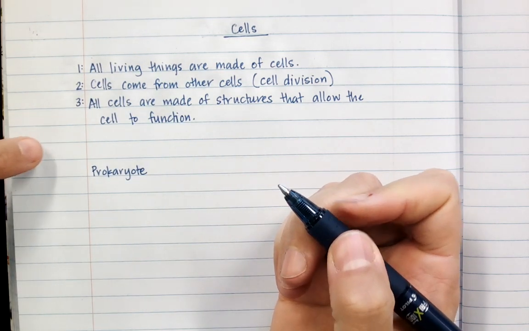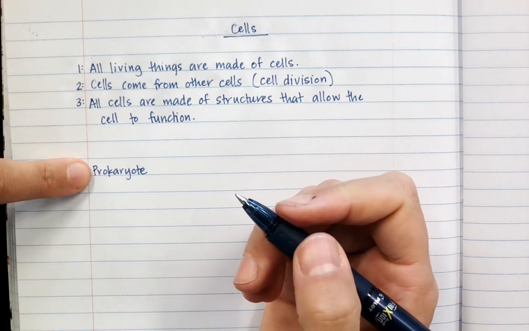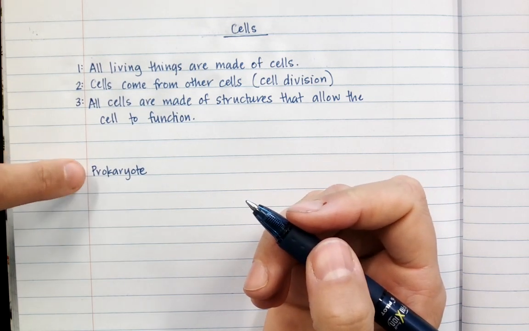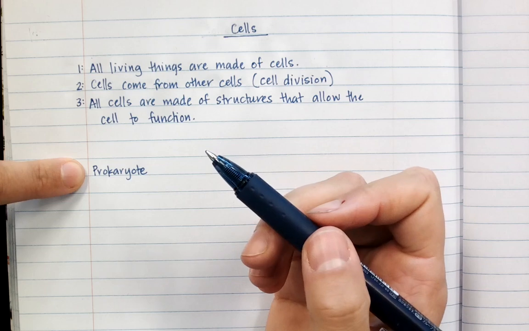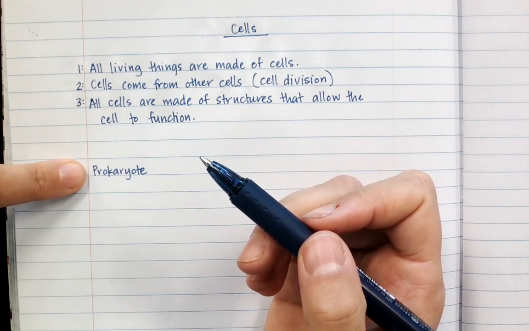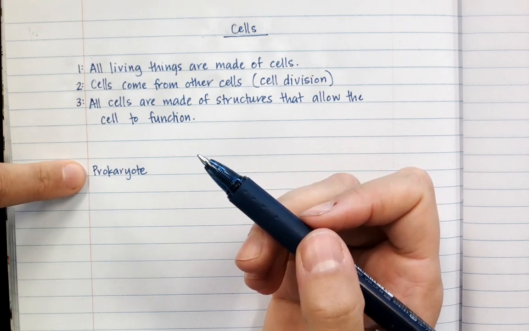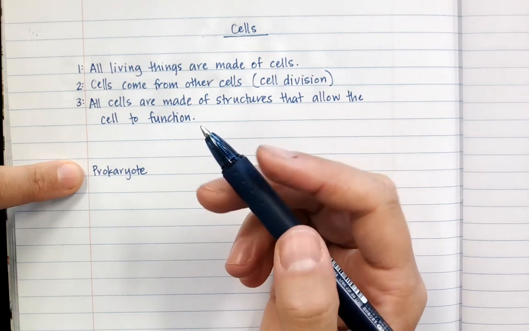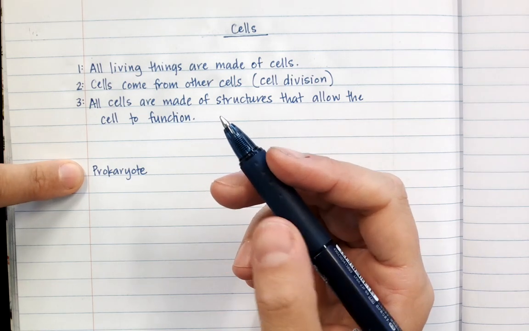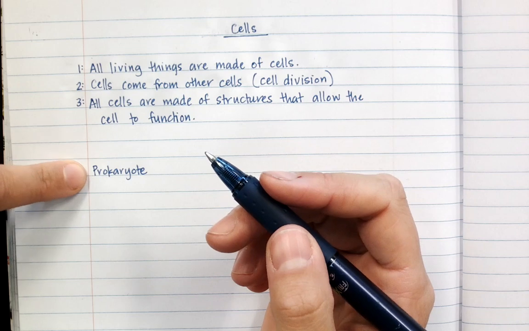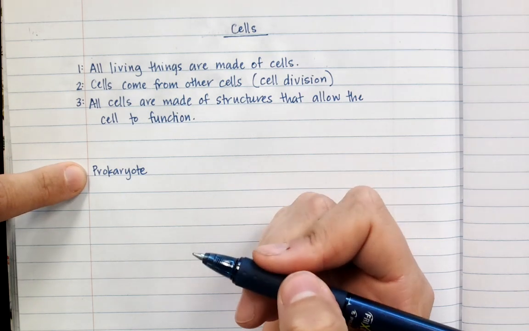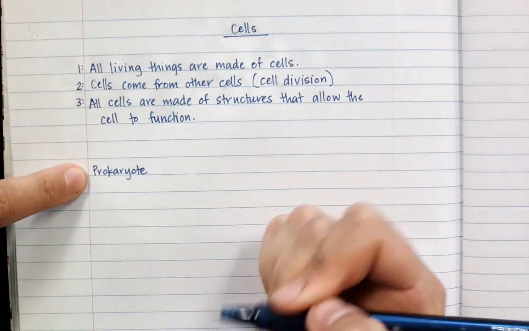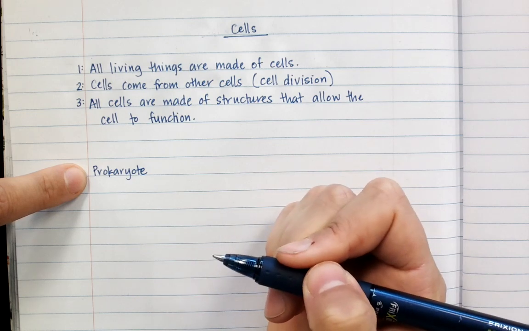And this word refers to cells that are normally bacteria, but they are cells that don't have a nucleus. They don't have their DNA surrounded by a membrane. They actually don't have any organelles because they don't have anything surrounded by a membrane that's an internal structure.